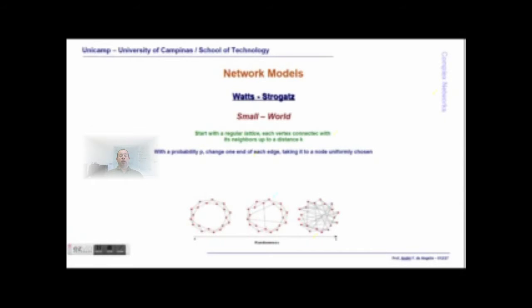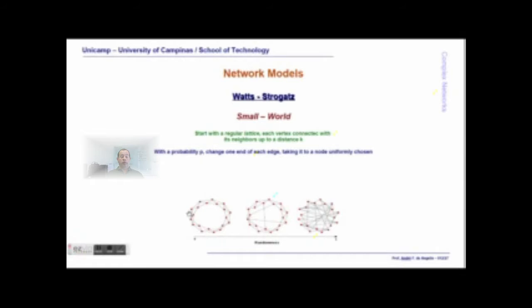Okay? Then, if I have a very big network, I will find short paths among any nodes in the network. Okay? This is the idea of a small world. I have the big world, but the paths are small.